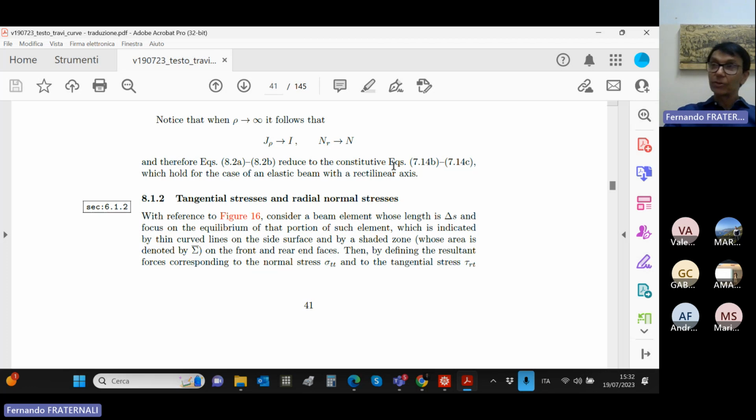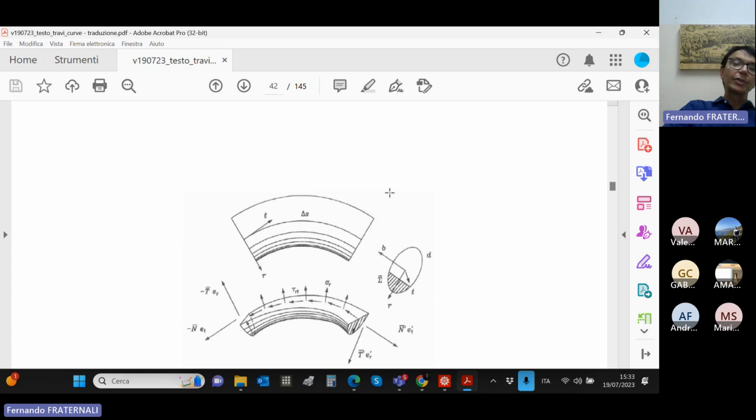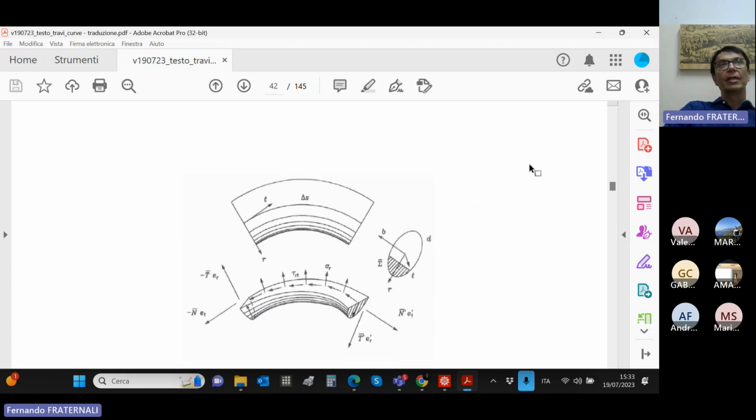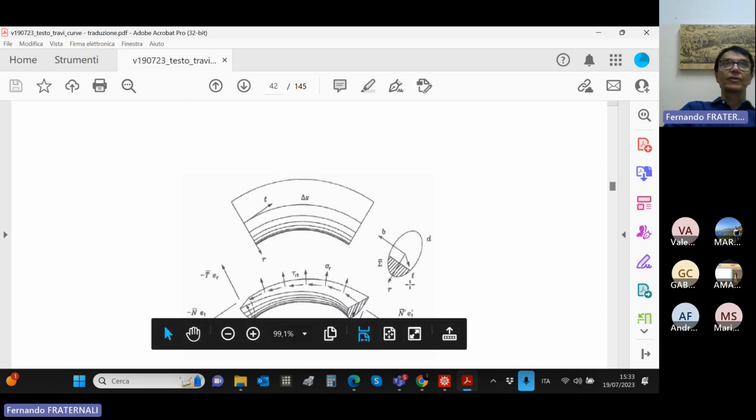It can be determinate or not determinate, but if it can be determinate, it should be derived by equilibrium equation. So we do the same that we do in the straight beam, but accounting for the curvature of the beam axis.